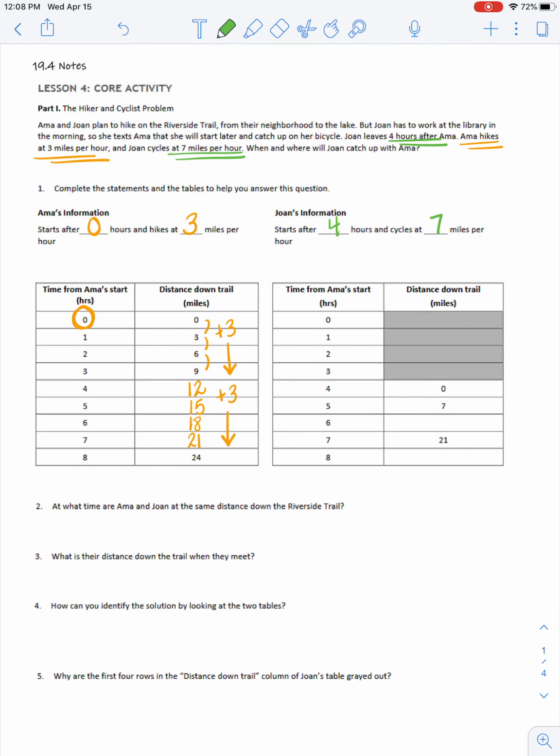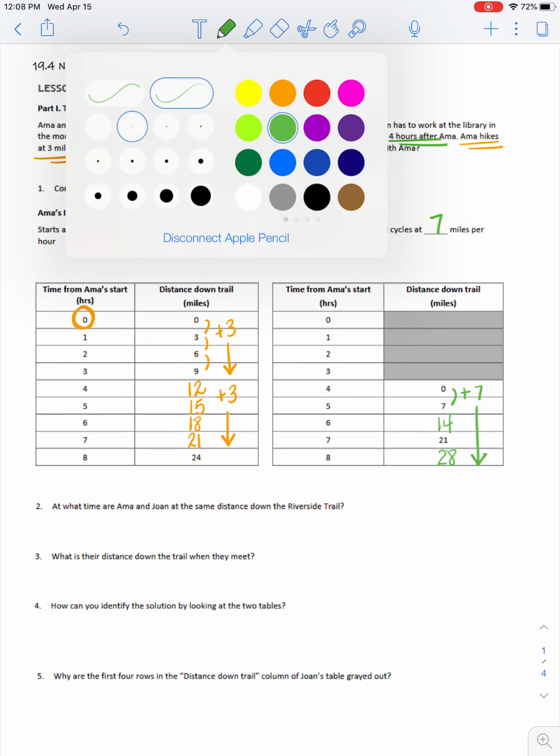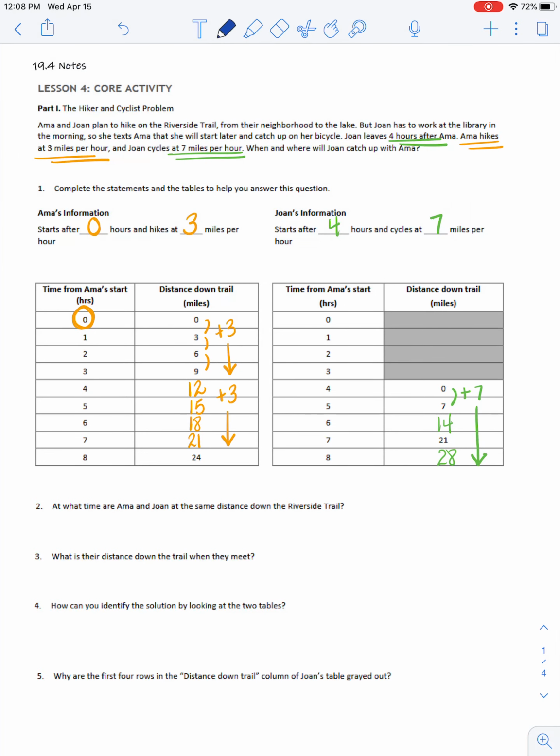Okay, we're going to do the similar thing with Joan, but Joan is traveling at 7 miles an hour, so we're going to be adding 7 all the way down this table. Okay, so 7, 14, 21, and 28.